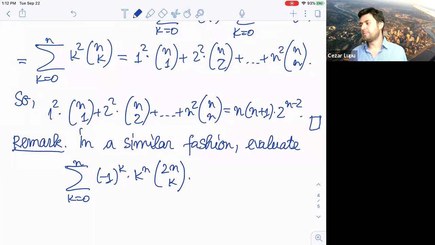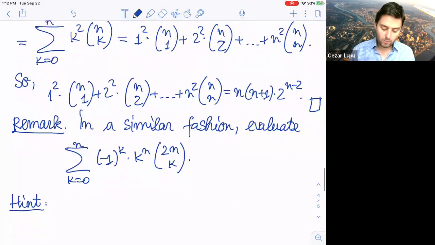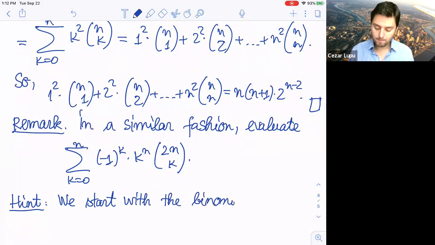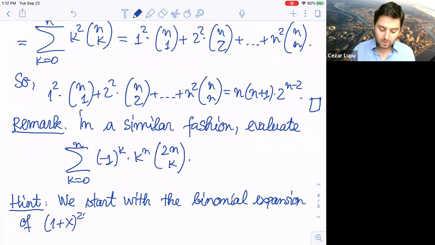Well, here it's something similar. Let me give you the hint. It will be more complicated, but you start with the binomial expansion of 1 plus x, and now you raise everything to the power 2n, right?